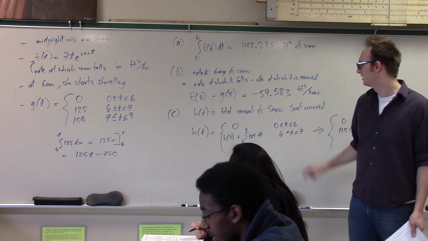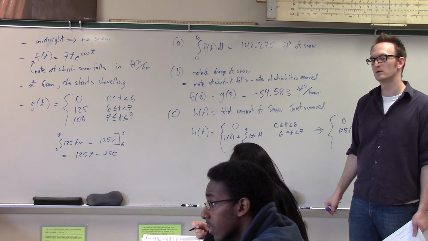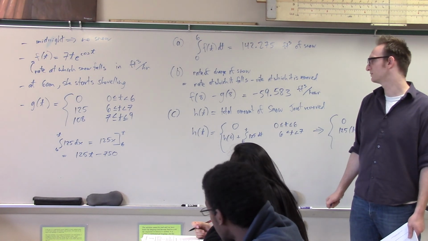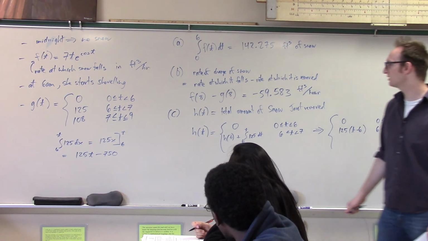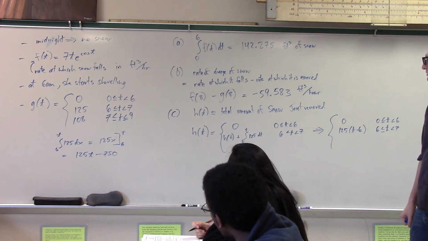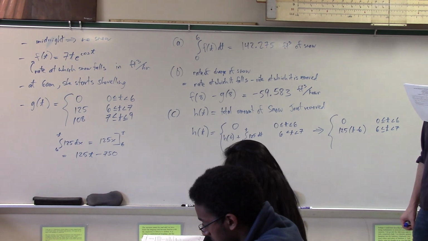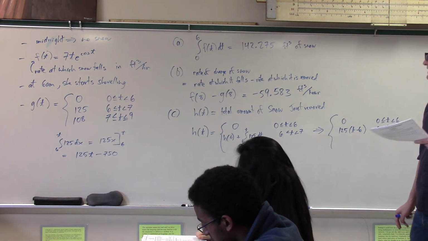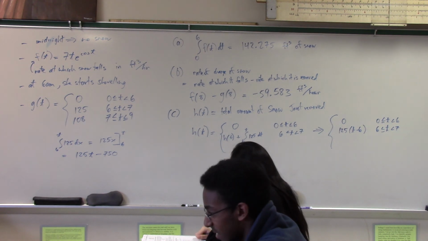But at 6 hours, she starts shoveling based on g of t. So what you've written is kind of wrong. Why is it wrong? Because you can't put less than or equal to for the 6, because in the original problem it's written in a way that she starts at exactly 6 hours. You're off by like 0.0001 seconds.